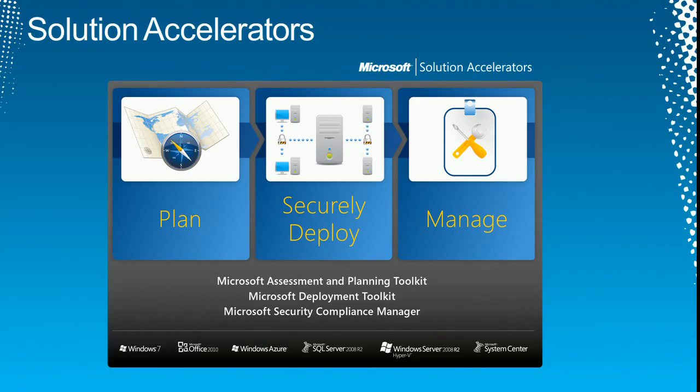For people familiar with the Microsoft Operations Framework, we have 3 phases in the IT lifecycle: plan, deploy, and manage. As you can see from the PowerPoint deck here, we have tools and guidance in the planning phase. The MAP toolkit especially helps in the planning phase.